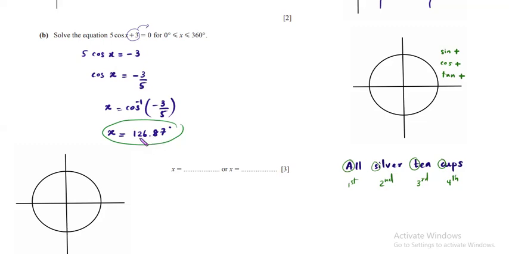From 360, I can directly deduct this 126.87 and find the other value for x. But that will not work for all. It may have negative values. Sometimes it will have cos, and the cos value here can be a positive value or a negative value. When that happens, we cannot use that method. So we will have to have an idea of how to make use of unit circles to find the other angle.